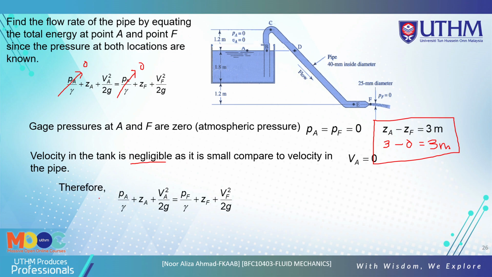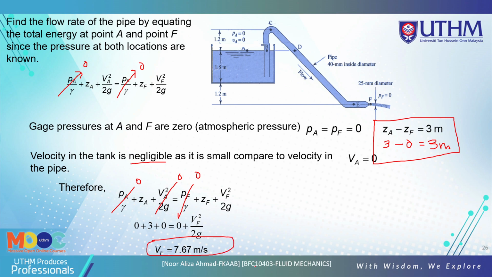From this equation, we get this term 0 and this term also 0, and ZA minus ZF is 3 here. VA is also 0, so we only have VF here. Velocity at F is this value. First you must find this value.